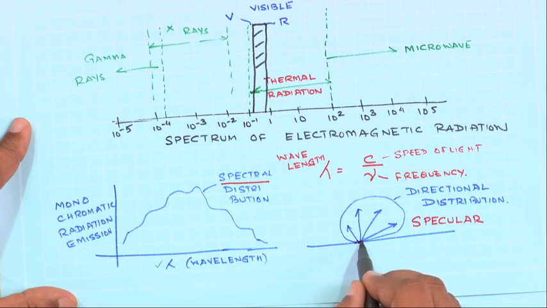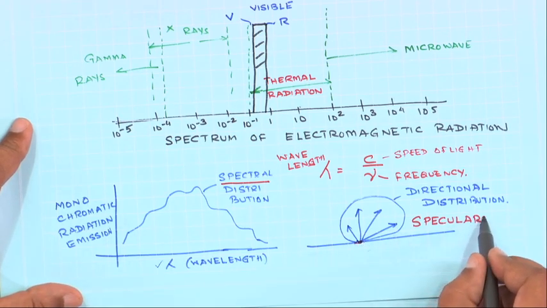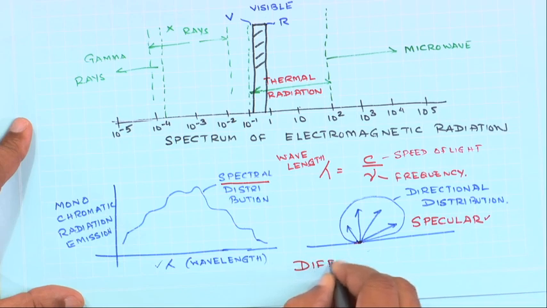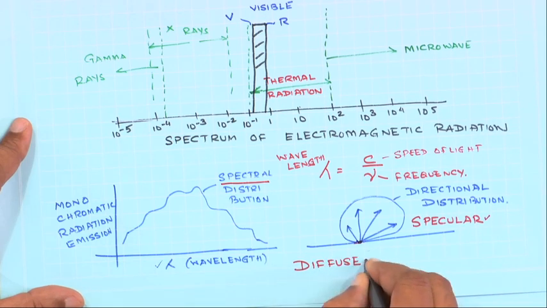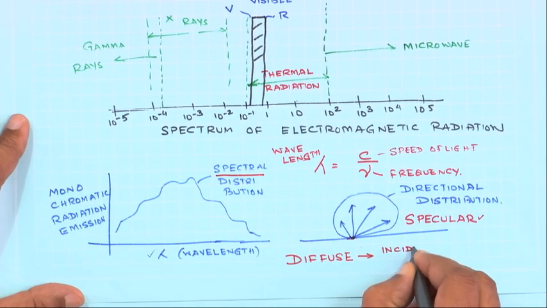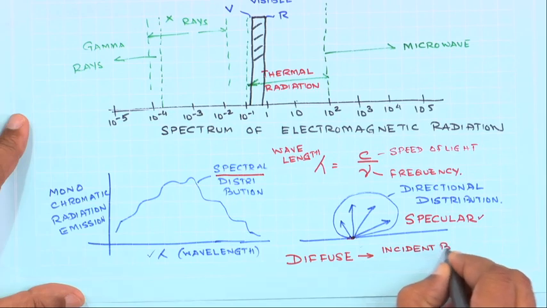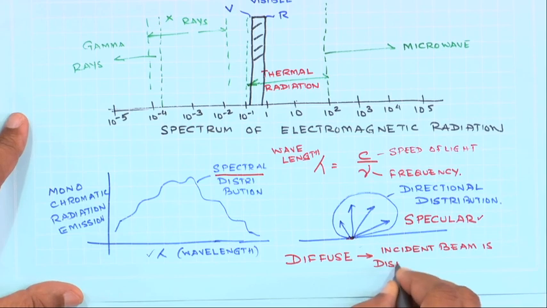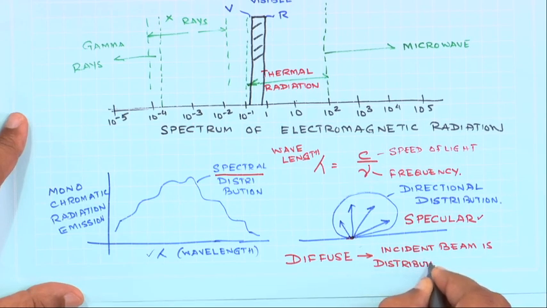So, wherever there is a directional dependence or directional distribution of energy out of a surface, it is known as specular, and when there is no such dependence, it is called diffuse. A diffuse surface is one where the incident beam of energy is distributed uniformly in all directions.